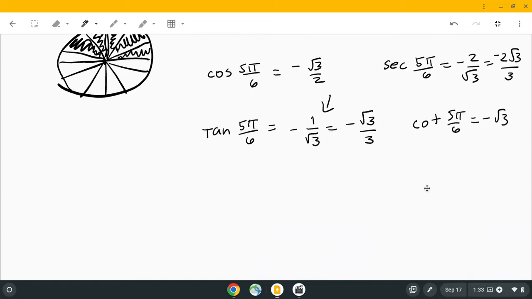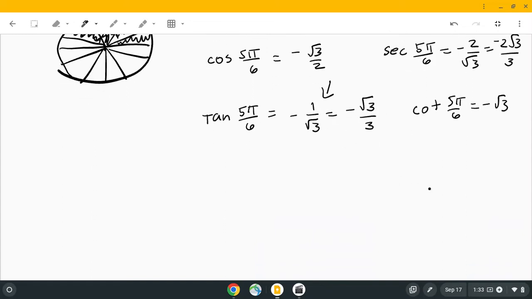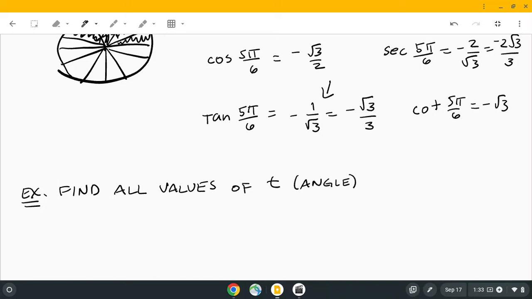Okay, so you might get a question that says this in the homework. Find all values of t, which is your angle, between 0 and 2 pi.